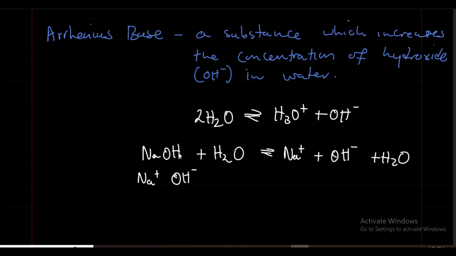So this base, when dissolved in water, will produce a hydroxide ion. This hydroxide ion will increase the already existing hydroxide ion in water, right? So hence, a substance which increases the concentration of hydroxide ion in water.